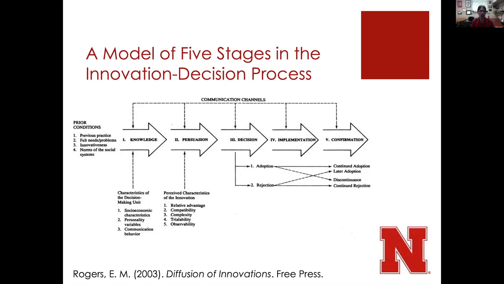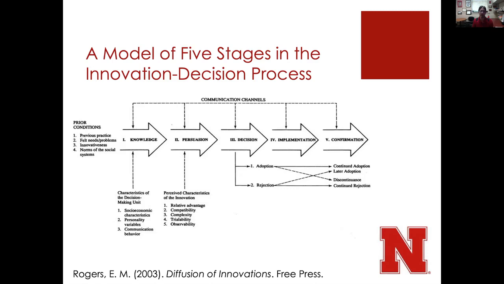So I wanted to show you a model of the five stages in the innovation decision process. This model, like I mentioned, has five stages: knowledge, persuasion, decision, implementation, and confirmation.